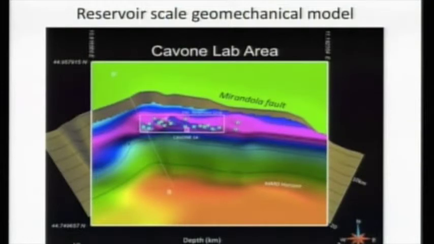This is a contour map showing the anticline, which forms the Cavone field. These dots, the blue dots are producers, or green dots I guess they are producers. The purple dot is the Cavone 14 injector. And we have this field pretty much centered in the center of our mesh. And this model also includes the Mirandola fault.